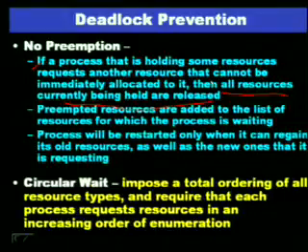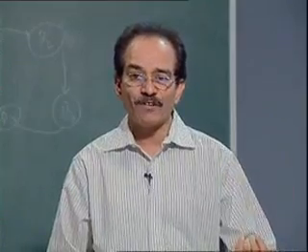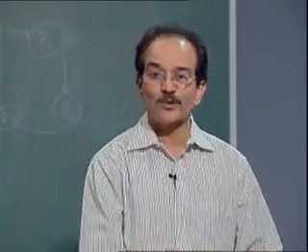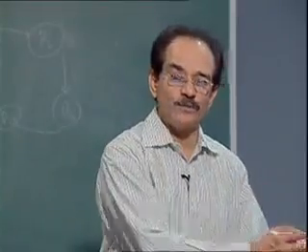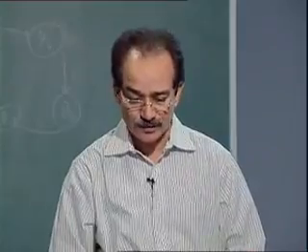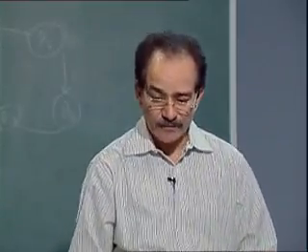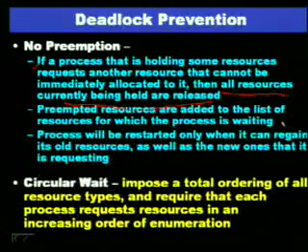Release means it has to release all of them; that is the protocol we have. The moment it requests a resource that is not available, I will take back all its resources and put them in the common pool, so that other processes can make use of them, and the preempted resources are added to the list of resources for which the process is waiting.